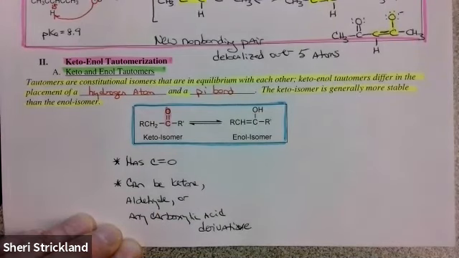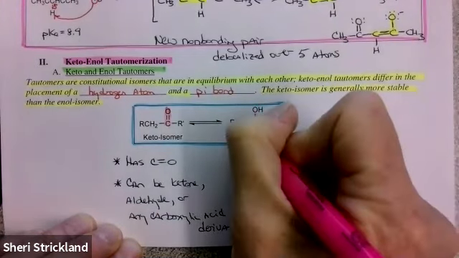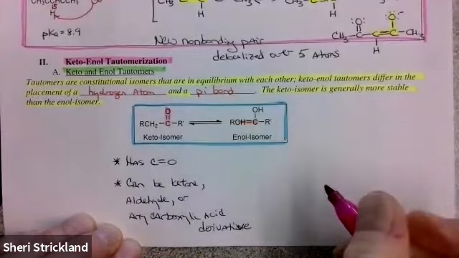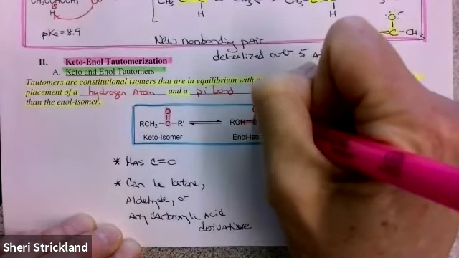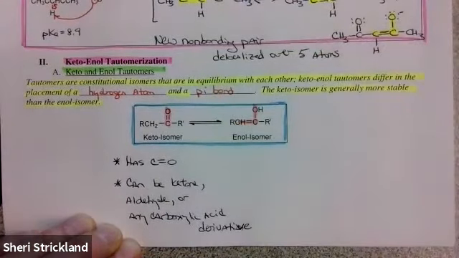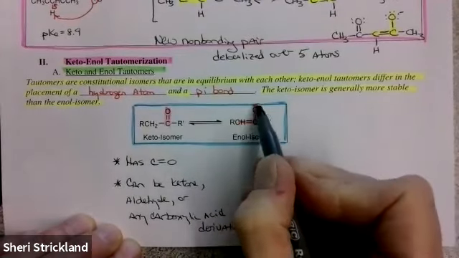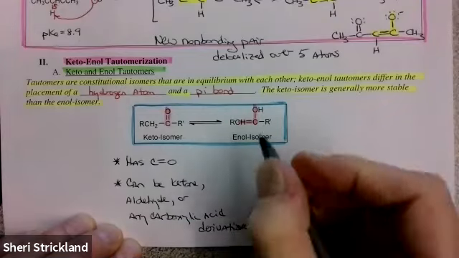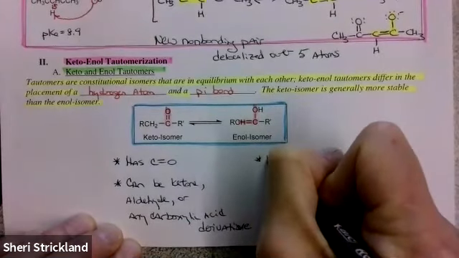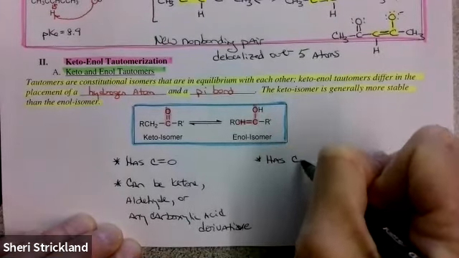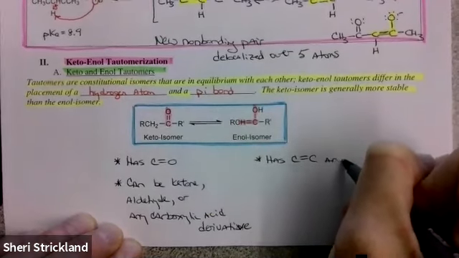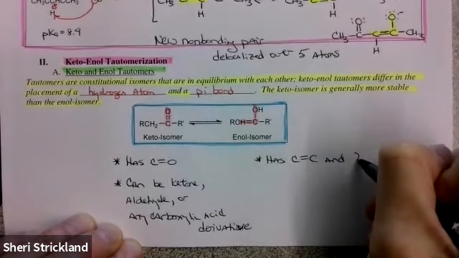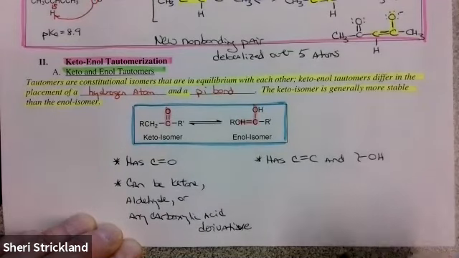Now the enol isomer is labeled such because it has an ene, a carbon-carbon double bond, and an ol, an alcohol. And you can see that they share a carbon right here. When an enol, that is always true. Carbon-carbon double bond and an OH.